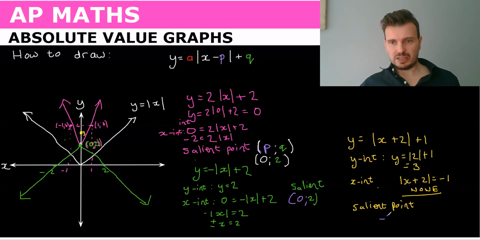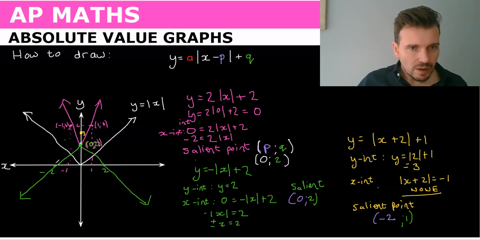We must remember to change the sign of this for our salient point. And then our Q is the 1. So our salient point is negative 2, and we go up to 1 here. Let's do it in yellow. So negative 2 and 1 is our salient point.